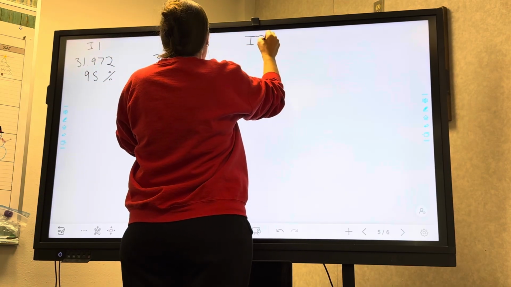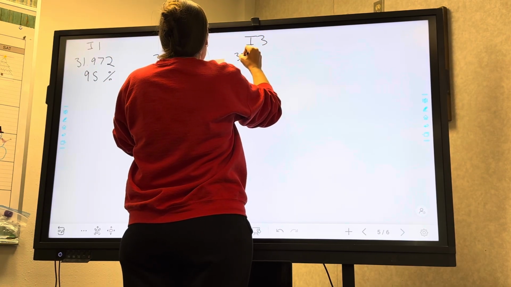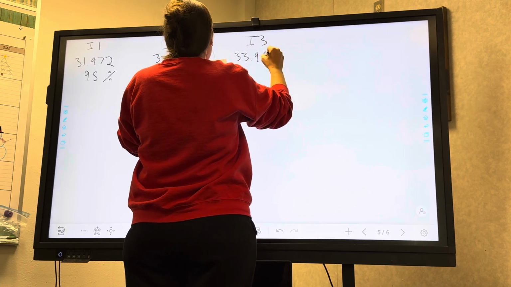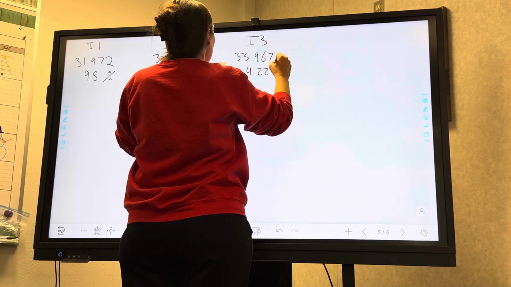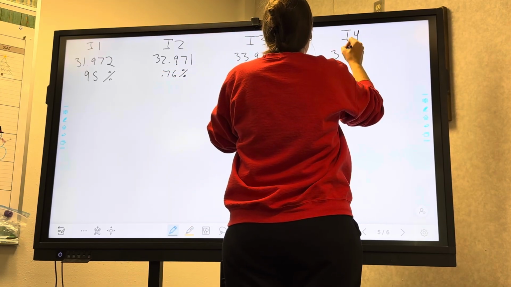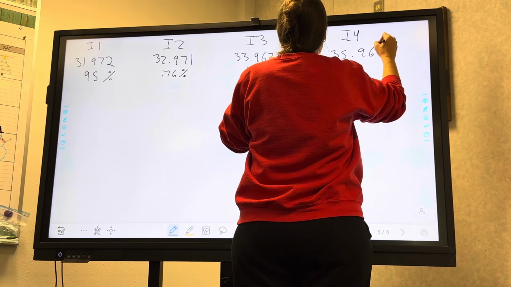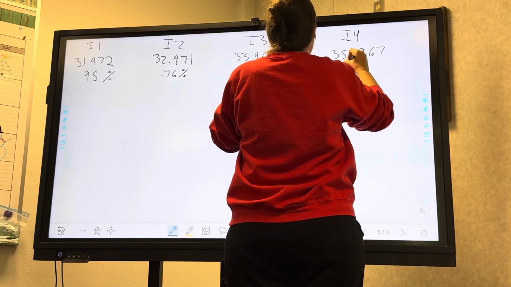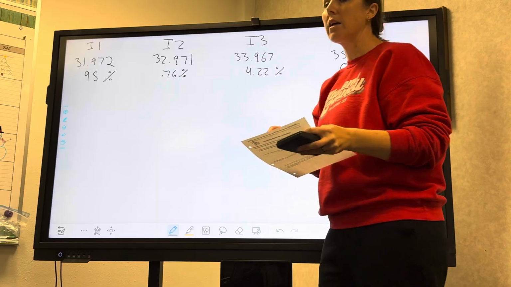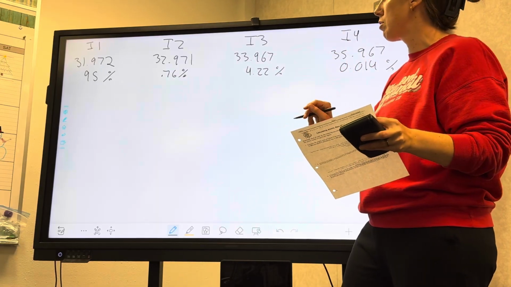Okay, isotope 3 is 33.967 at 4.22% abundance, and isotope 4 is 35.967 AMUs at 0.014% abundance. Okay, I could tell that some of these percentages are going to throw us off, so let's do them.